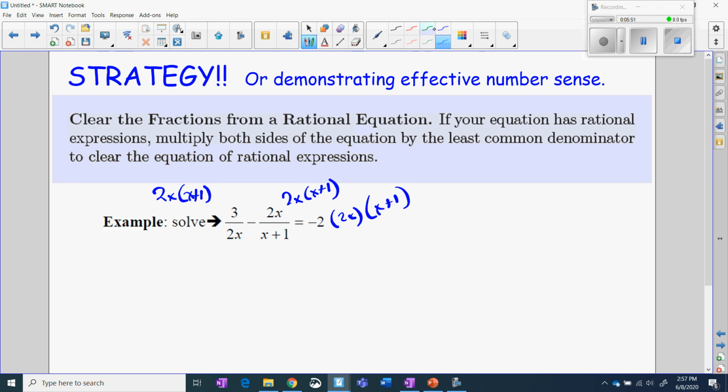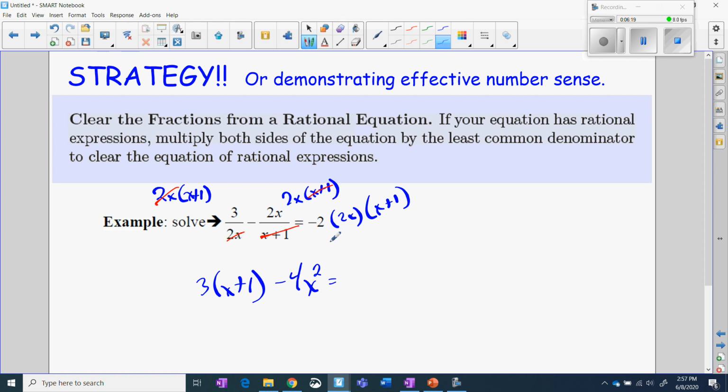Now watch what happens. This 2x and this 2x cross each other out, so you're left just with 3 times x plus 1. So that's going to give us 3 on x plus 1. Here, the x plus 1 is going to cross out the x plus 1. You're going to be left with 2x multiplied by 2x, which is subtract 4x squared.